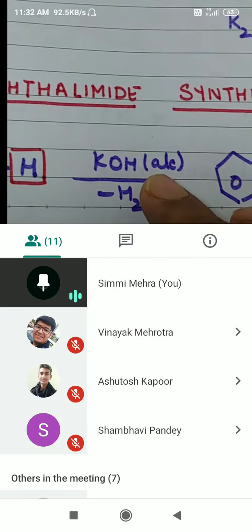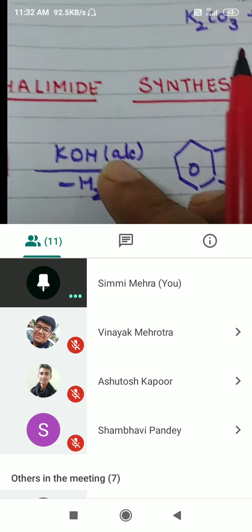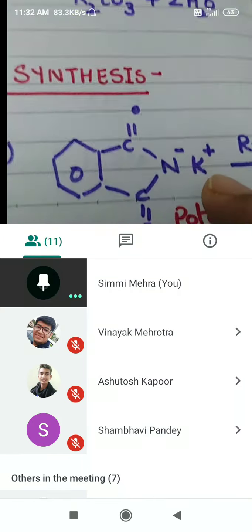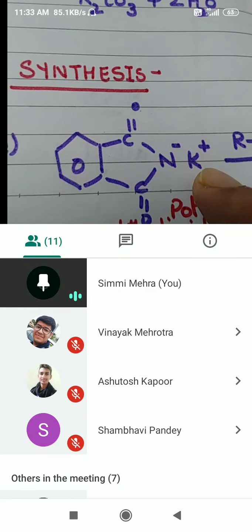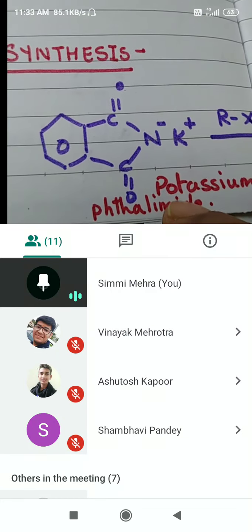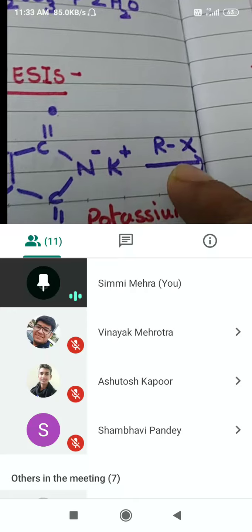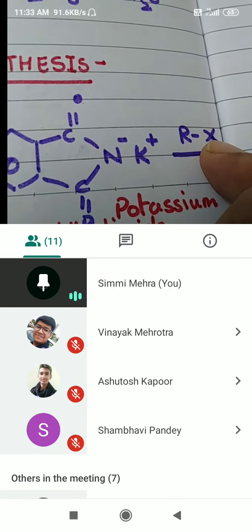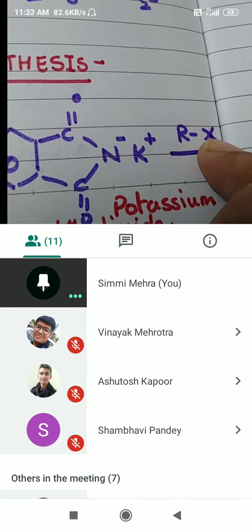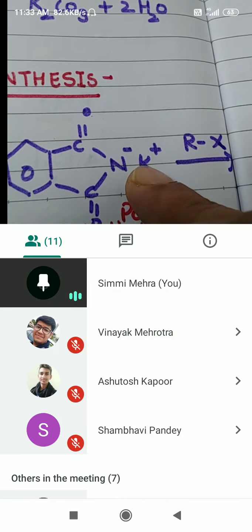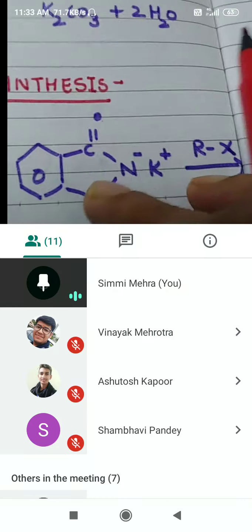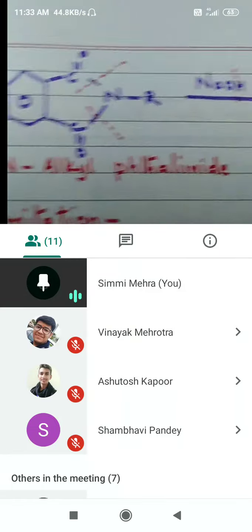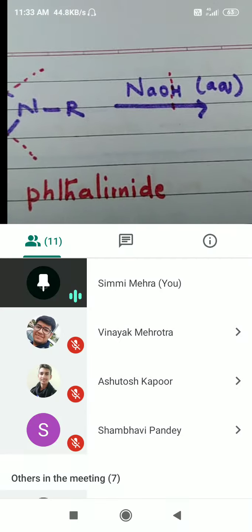When treated with alcoholic KOH, it is going to remove water, and potassium will be added here. Potassium phthalimide will be formed. Then treated with alkyl halide, potassium is going to be lost as KX and the alkyl group will take its place. Then hydrolysis, or breaking up of bonds, takes place.